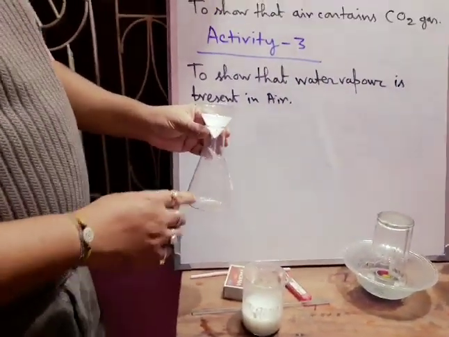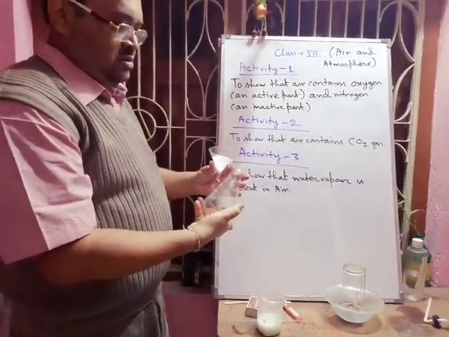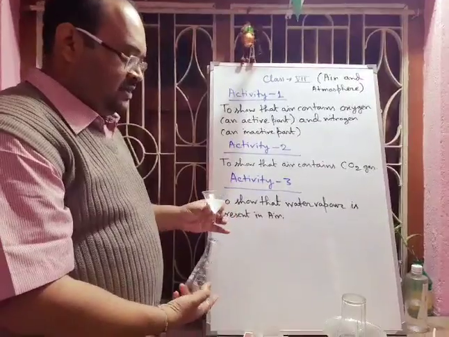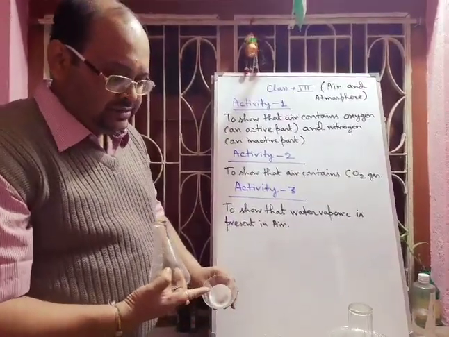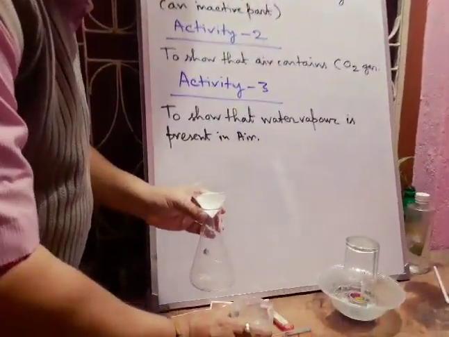So I am taking one funnel. Here this is called a conical flask. It is a 250 ml conical flask, with one funnel. Inside, filter paper is there, so I have to filter this solution.